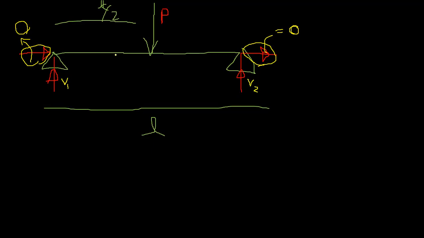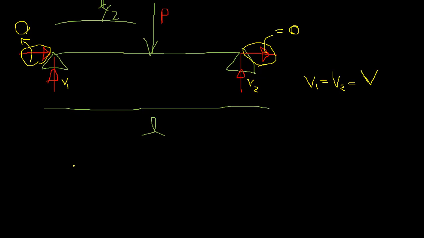Since we know this is symmetric, V1 should be equal to V2, right? So we can consider V1 equal to V2 and denote it as V, right? So you have 3 degrees of freedom, right?